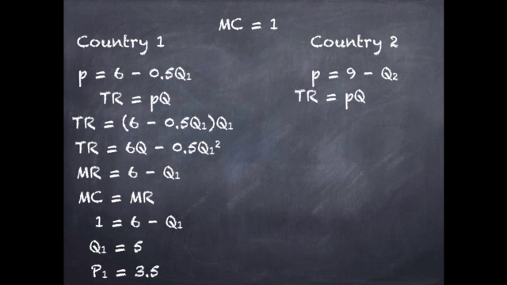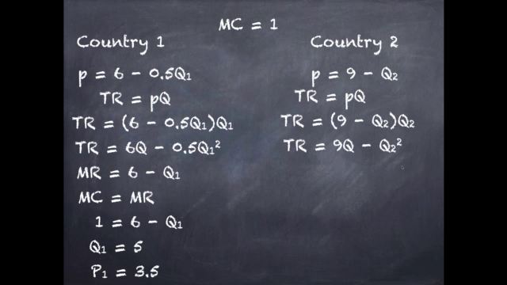Multiply P times Q to get total revenue. We can insert the inverse demand function into here and multiply that by Q. So we end up with total revenue is 9Q2 minus Q2 squared. Take the first derivative, and we get marginal revenue is equal to 9 minus 2Q2.